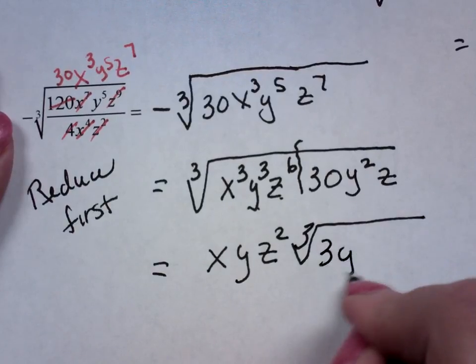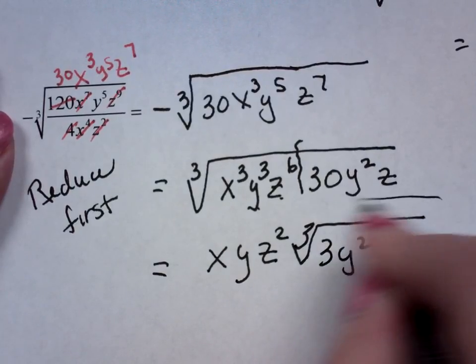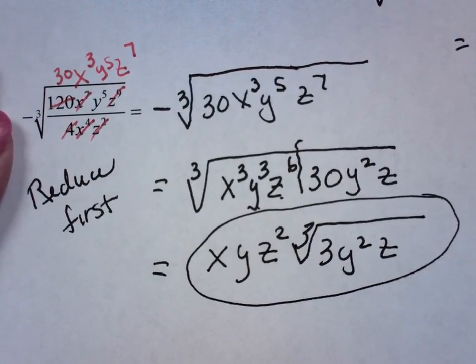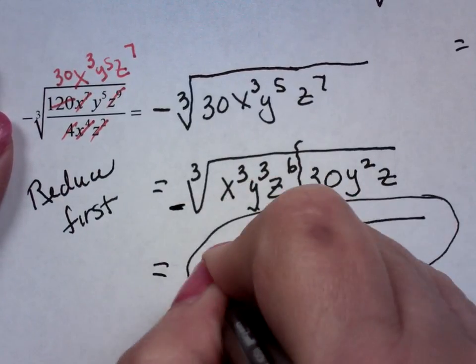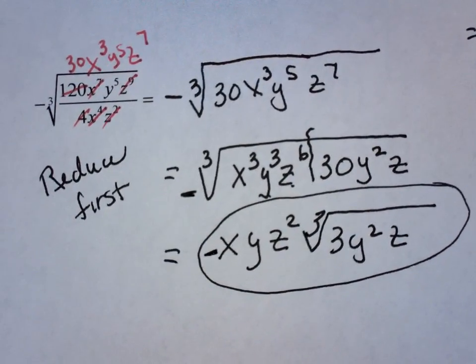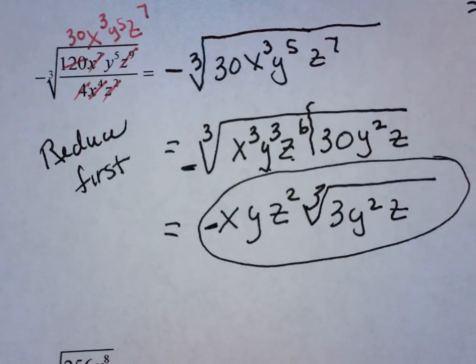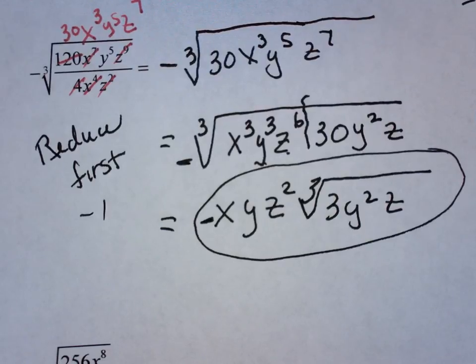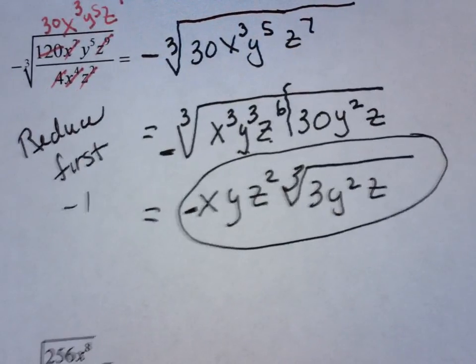Does that become negative? And I forgot the negative, didn't I? Thank you. And yes. I knocked myself a point. Minus 1 for me. I should have done it in red, so for all the world to see.